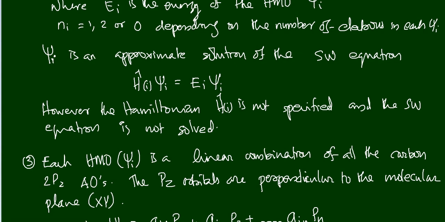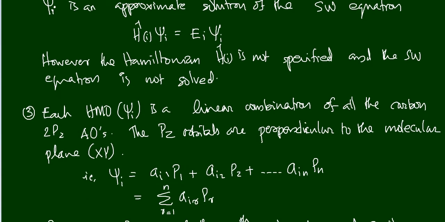You already know that we are applying the Hückel molecular orbital theory for a molecule which is planar, and these pz orbitals are perpendicular to this molecular plane. You can take the molecular plane as xy, then the pz orbital will be perpendicular to the xy plane. So you take the pz orbitals of all the carbons included in the conjugation, and then you can take the linear combination of all these pz orbitals, and that combination gives a Hückel molecular orbital.